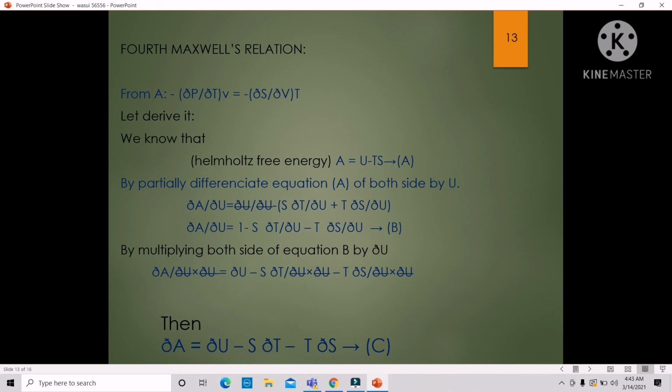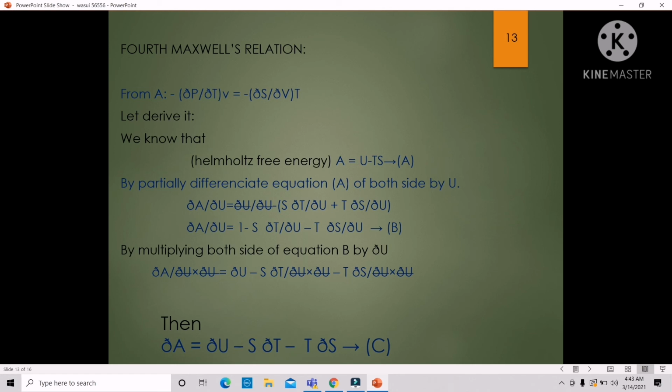So A is equal to U minus temperature times entropy. We partially differentiate with respect to U, because internal energy is independent of every variable. So we partially differentiate change in Helmholtz free energy with respect to change in internal energy, which is equal to change in internal energy with respect to change in internal energy, which gives 1.